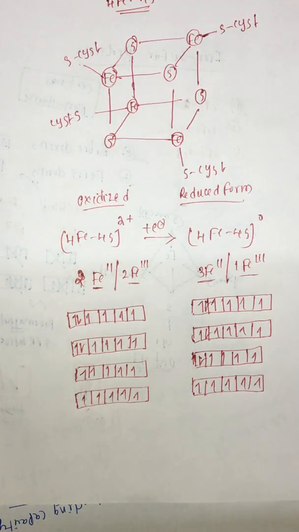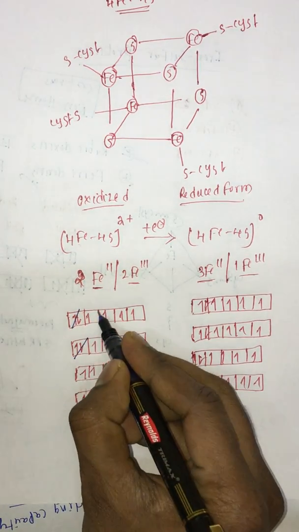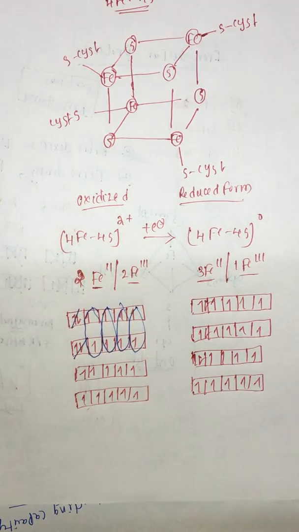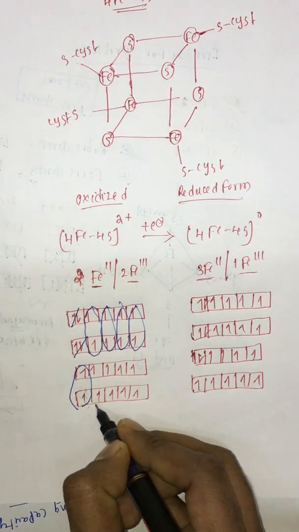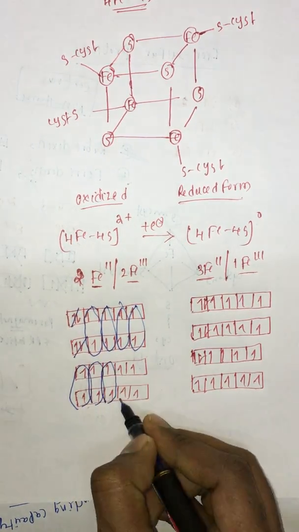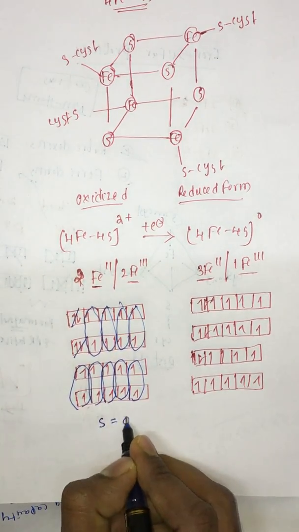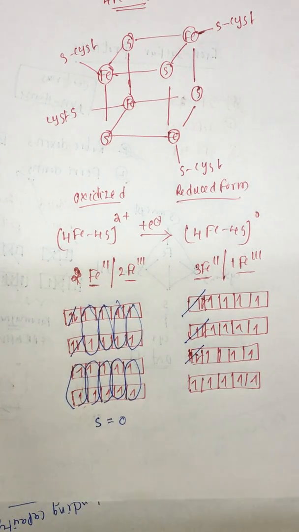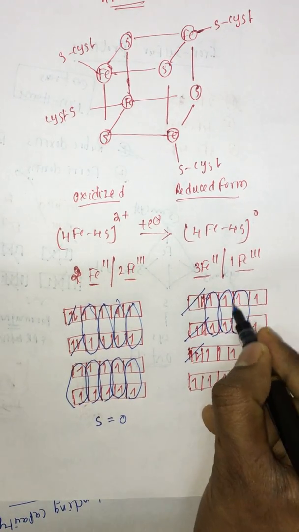Okay. So now here also we will see antiferromagnetic coupling. This is already coupled, we just neglect these two, and these two will get coupled, and these two, these two. Now from here, these two get coupled, these two get coupled, and these two and these two. So the resulting spin here is 0. In this case, this is already coupled, we just remove that. So these two get coupled, and these two, these two.